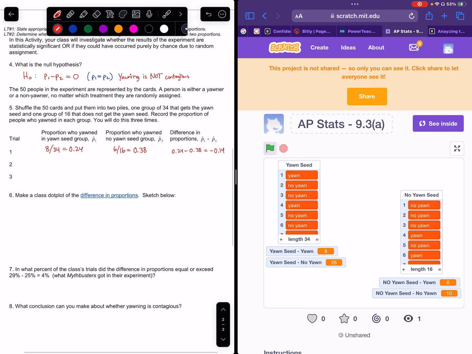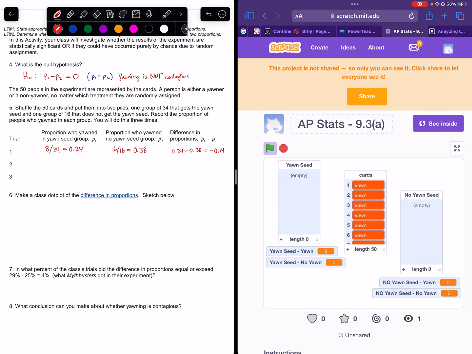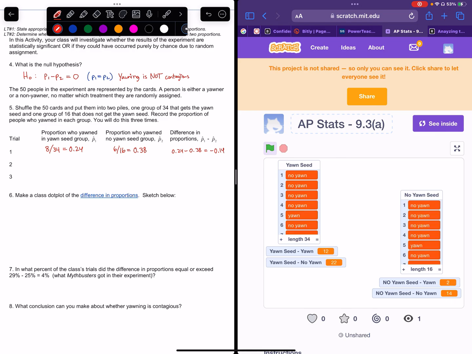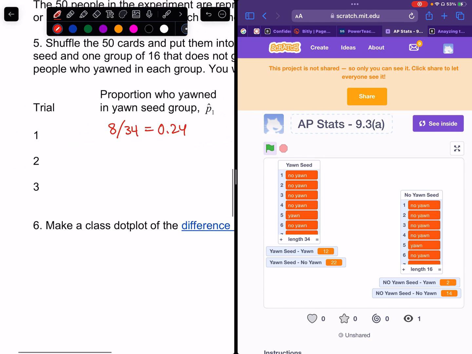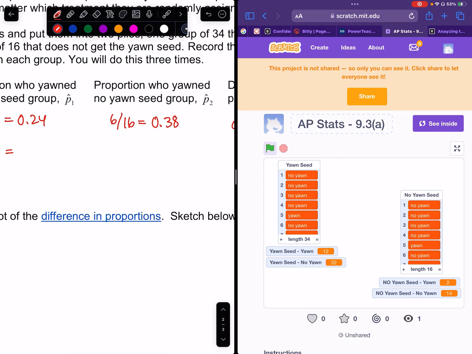So if you want to run your own 3, that's fine. I'm just going to continue to put these in so you can see them on my screen. And again, you can just follow along. So hit the green flag again. It resorts them. Our first group is going to be 12 out of 34. Our second group was 2 out of 16.